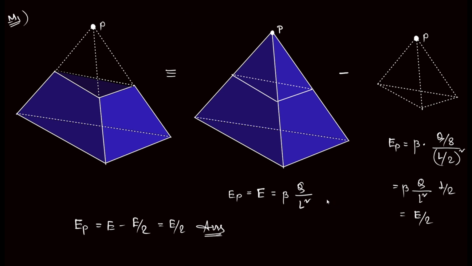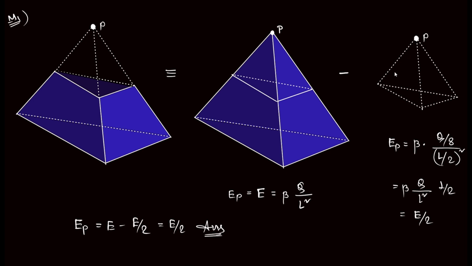So I have to calculate the electric field at this point. For this I will break this system into two parts. First I will calculate the field here, and then I will subtract the field here because of this small tetrahedron. Now in this method we will assume the electric field.